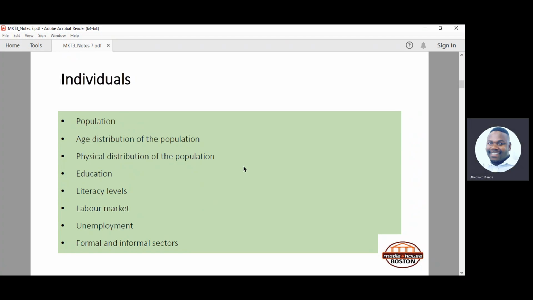Then we look at something that has always been big in this country and is gaining traction: unemployment. The impact of unemployment on marketing activities can never be underestimated. Then we look at informal and formal sectors.